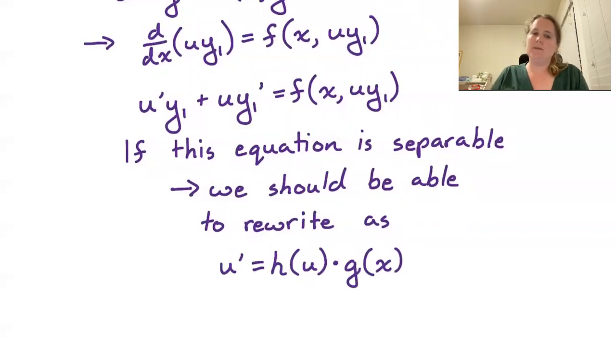So usually we would do the h of u on the left. We'll go ahead and put it on the right-hand side. This way we can always divide by h of u.